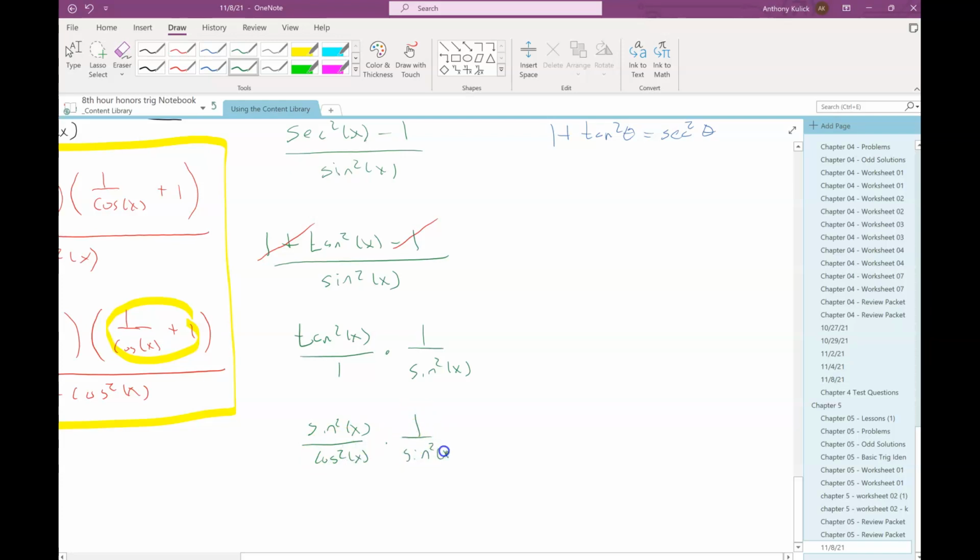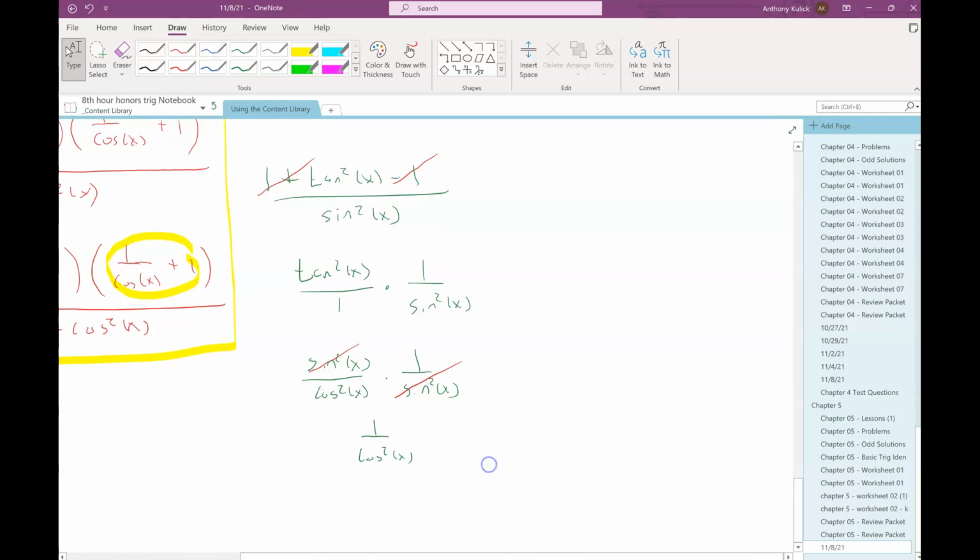And since there's no addition or subtraction anywhere, I can do that. Which is just secant squared theta. And again, now that I'm down to a single trig function, that's as good as you're ever going to be able to do.